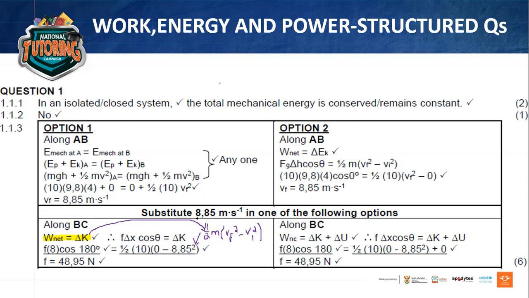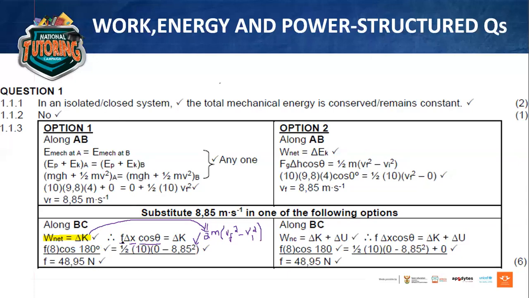Now you must be able to break down the formula of the change in kinetic energy into that, right? Then the net work done, my dear learners, remember when I see work, I see F multiplied by delta X multiplied by the cos of theta.